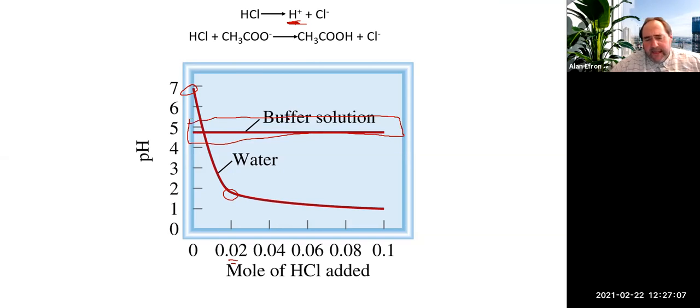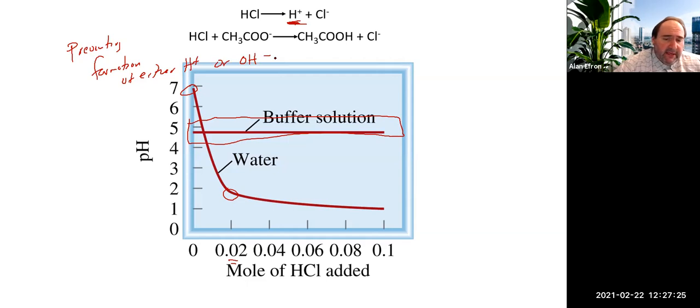In a buffer situation, it's able to maintain its pH by preventing the formation of either H+ or OH-, depending on what you're adding. By keeping those concentrations relatively constant, that allows you to keep the pH relatively constant.